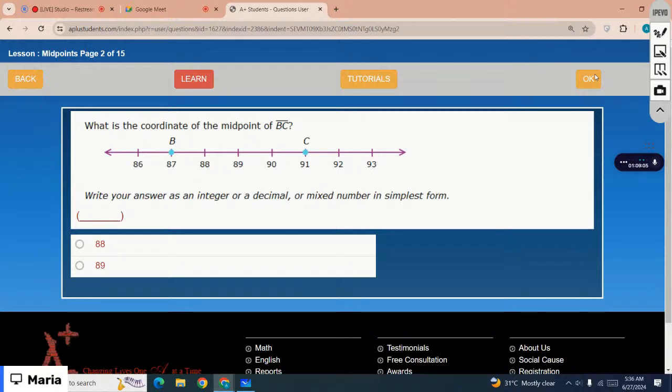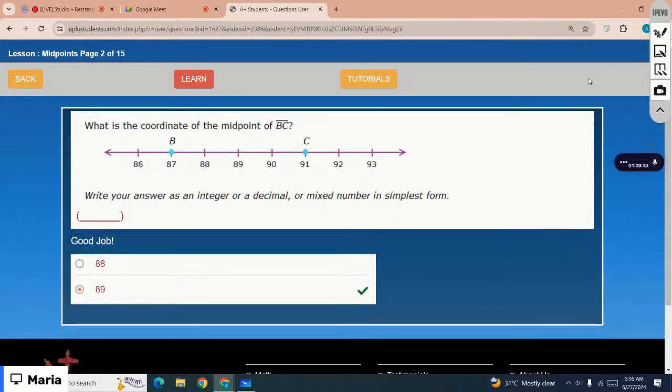What is the coordinate of the midpoint of BC, which is the correct option? That is 89. The correct option is 89.